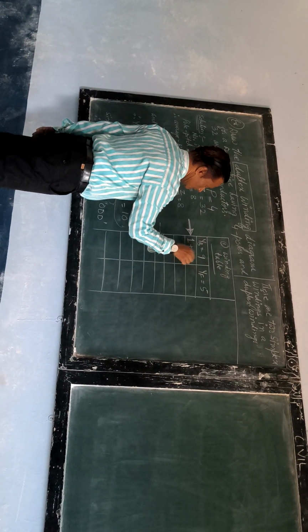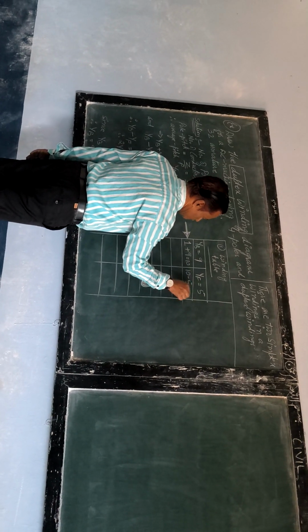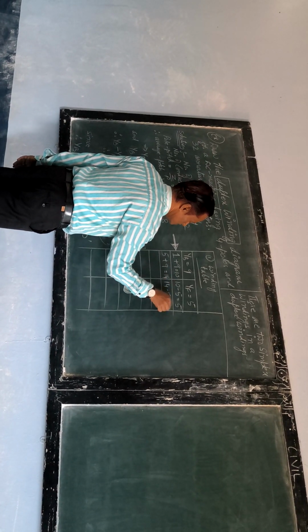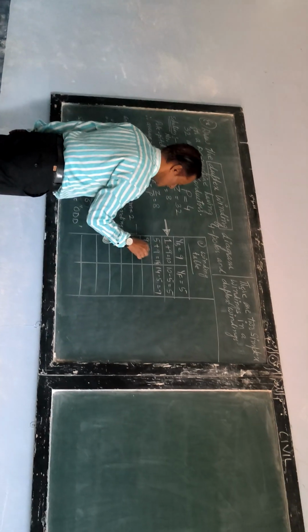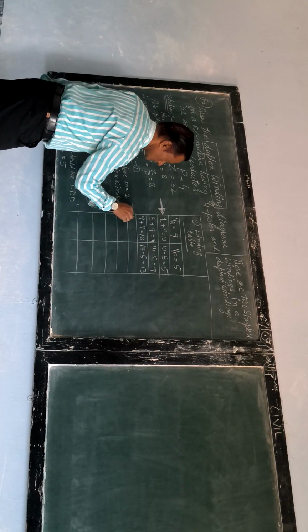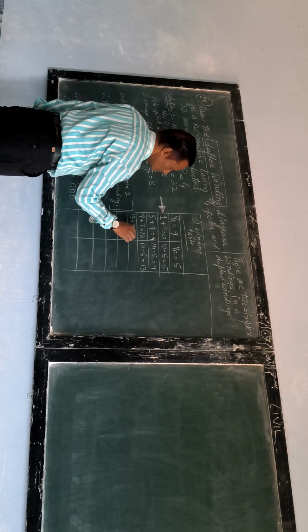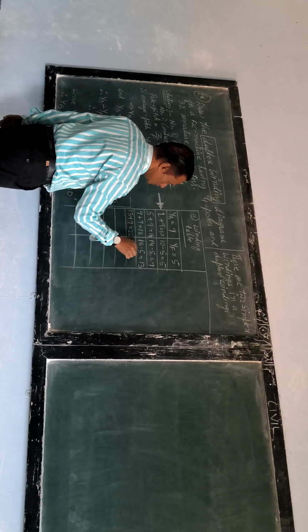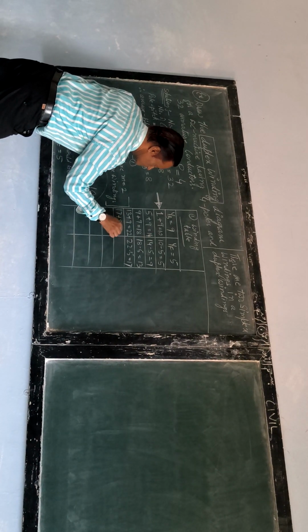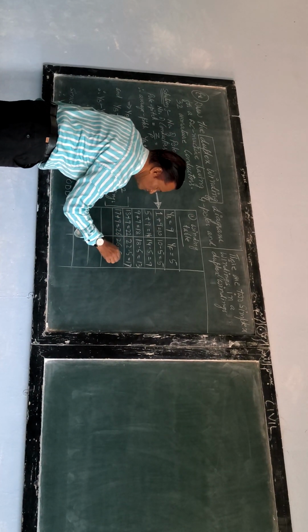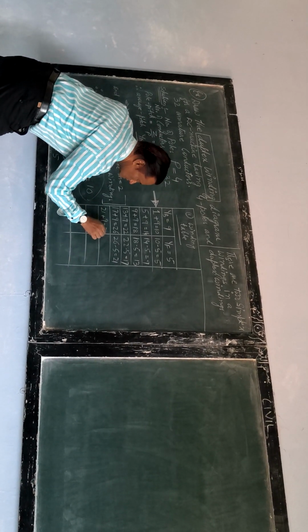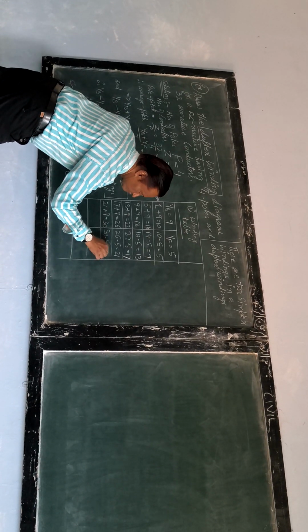And 1 plus 9 is 10. 10 minus 5 is 5. 5 plus 9 is 14. 14 minus 5 is 9. 9 plus 9 is 18. 18 minus 5 is 13. 13 plus 9 is 22. 22 minus 5 is 17. 17 plus 9 is 26. 26 minus 5 is 21. 21 plus 9 is 30. 30 minus 5 is 25.